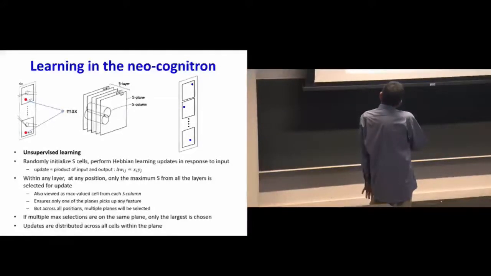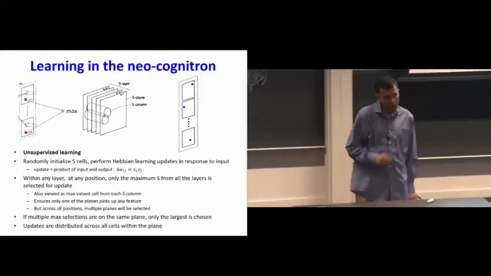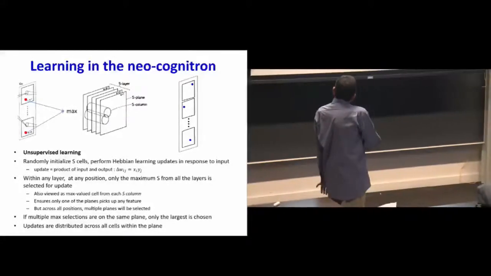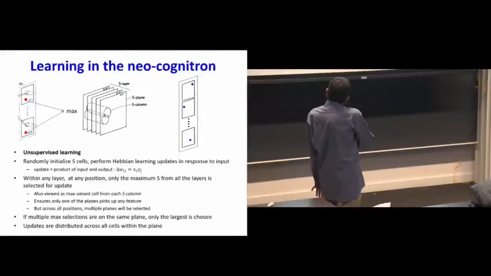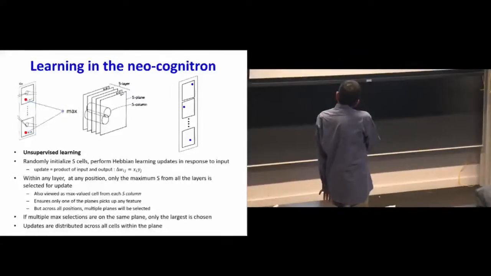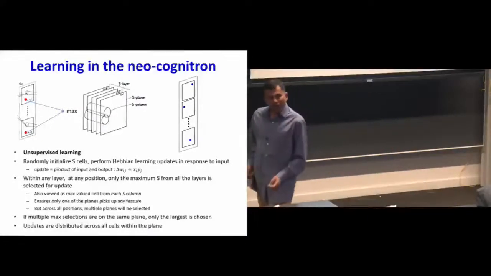At this position, you would be responding to some corresponding region in the previous layer. So you'd pick only the largest at that position and apply Hebbian learning for the corresponding weight, and then share it across all of the layers.